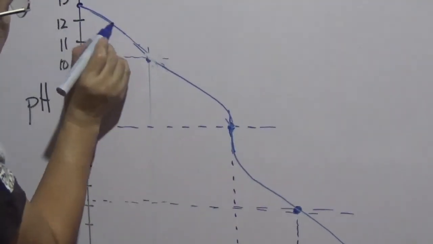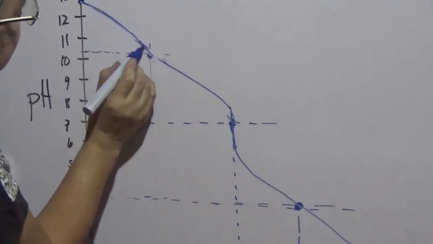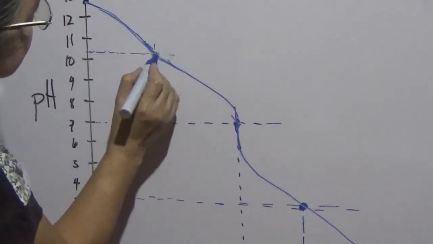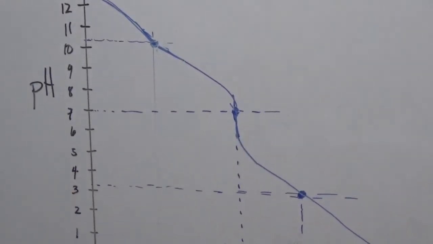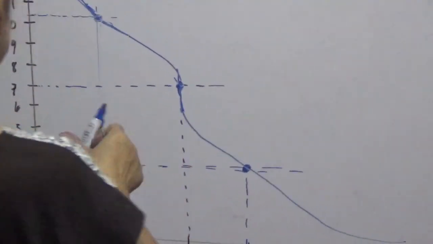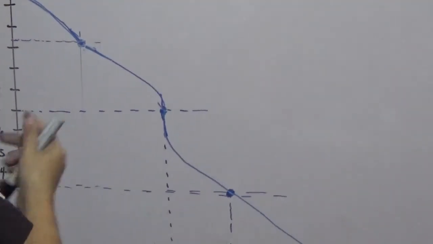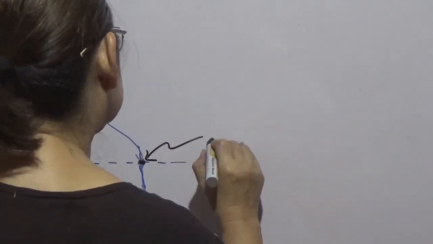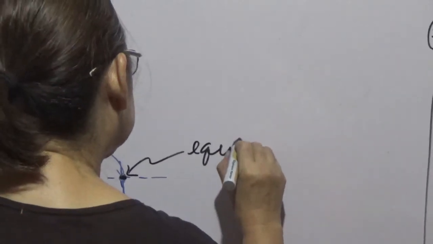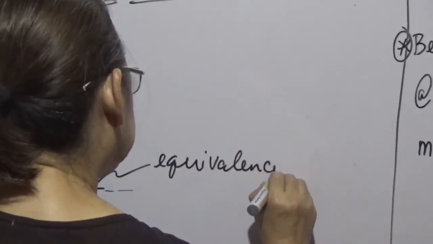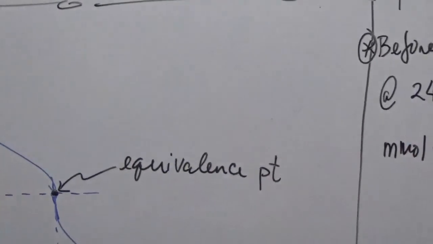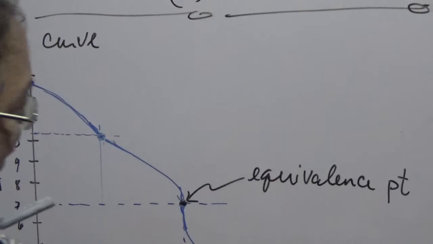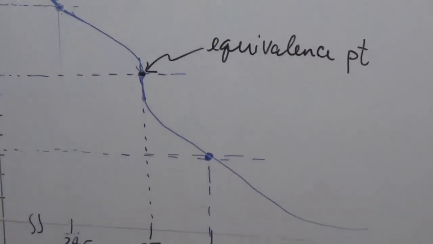Excuse my drawing, it's not accurate, but more or less this is the diagram of the titration curve. So this portion, at pH equal to 7, is the equivalence point. Here at the top is before the equivalence point, and here is after the equivalence point.